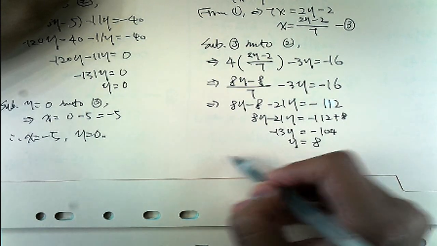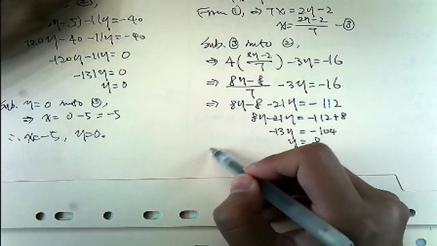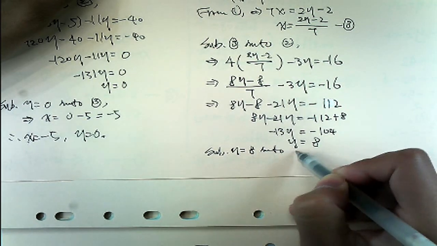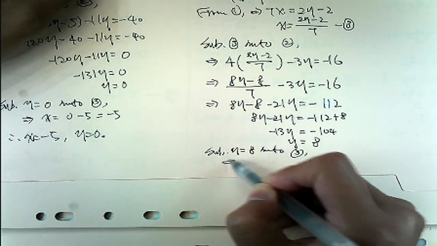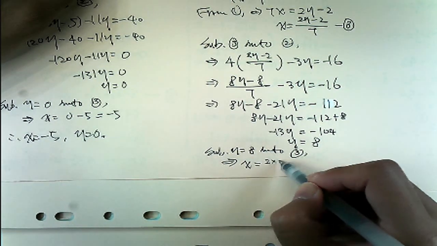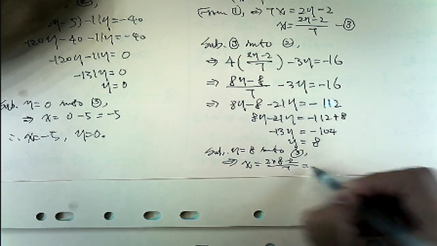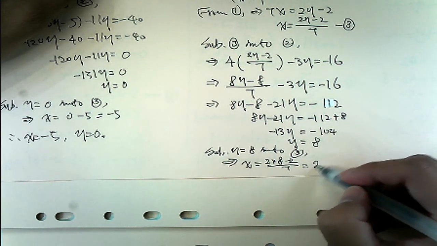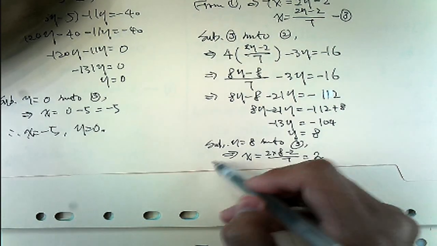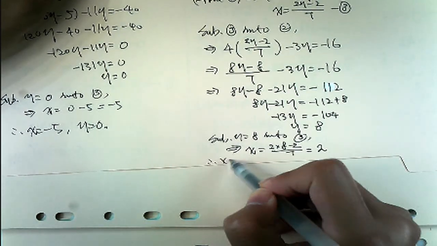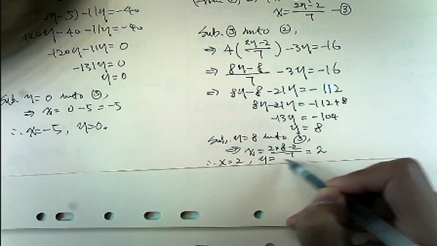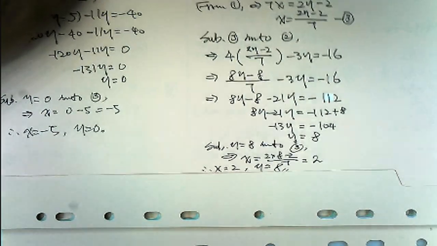Okay, so you have to find out x, so you sub y equal to 8 into 3, and then you have x equal to 2 times 8 minus 2 divided by 4. Actually this is equal to 2. So make the conclusion, x equal to 2, and then y equal to 8.